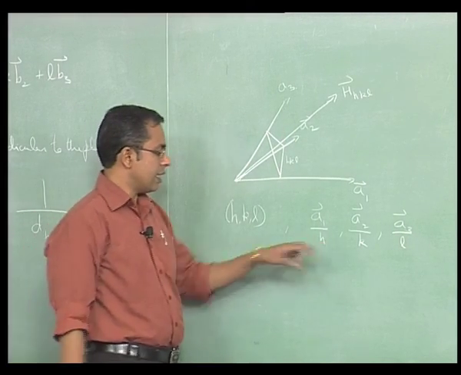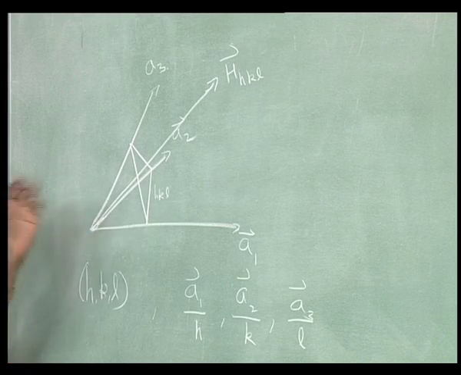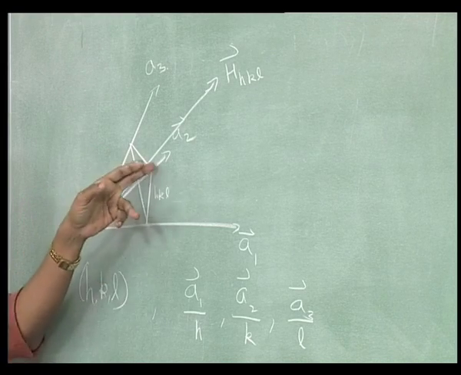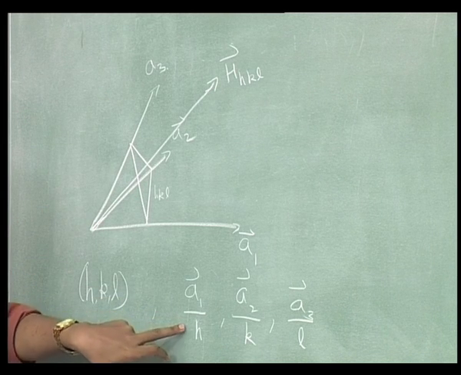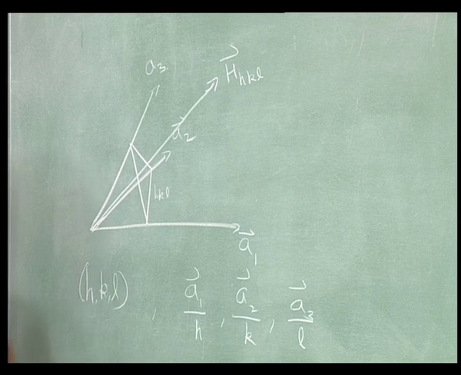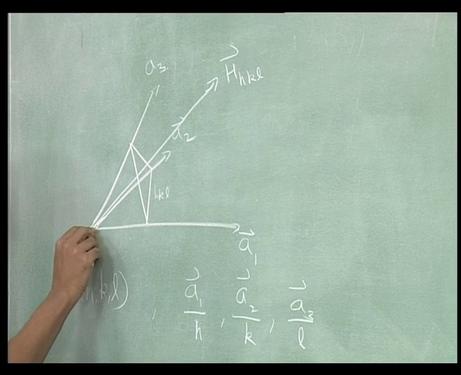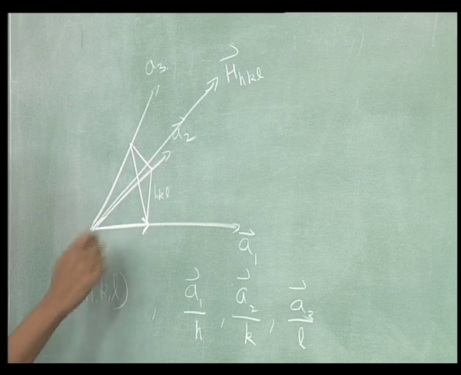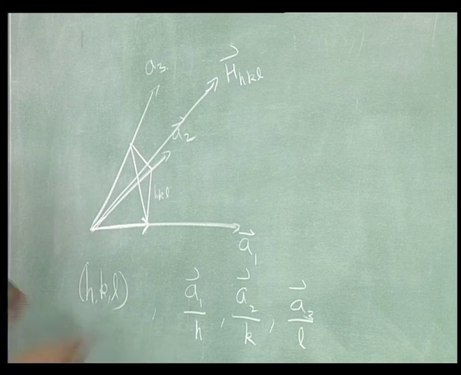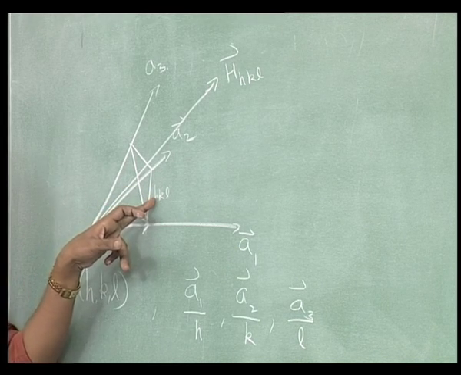These are the intercepts only because the plane hkl happens to intercept a1, a2 and a3 at those locations, such that its intercepts are at a1 by h, a2 by k and a3 by l. That is the reason why we even call it the hkl plane. So if you take this vector here, this vector here is a1 by h. This is a1, a1 by h is this vector, that is why you get this h notation in the hkl plane.